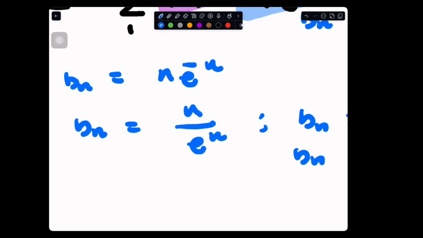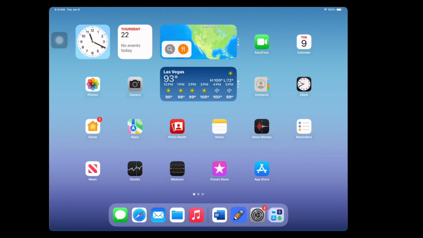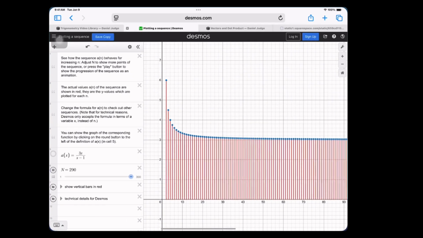Well, I can use calculus. I can say my numerator is increasing, but so is my denominator. Is that true? Which one's increasing faster? The denominator. So you can kind of show that this derivative will be negative, okay? But more, let's take a look and show you in Desmos here.